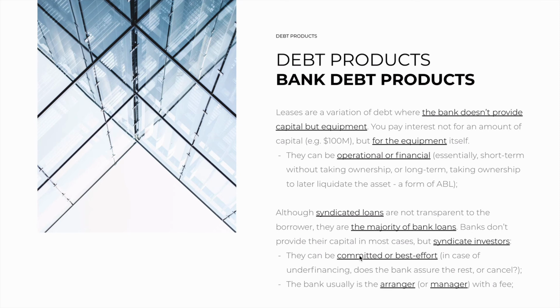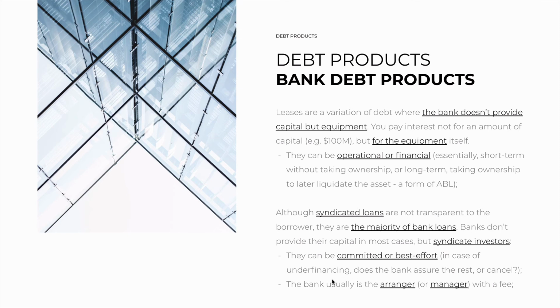If the loan is committed, that means that the bank commits to put up the rest of the money. So in this case, they would put up the other 20 million. In best effort loans, the bank has no responsibility. So they turn to you and they say, hey, we can do an 80 million loan or we can't do anything else. In other words, this defines whether the bank assures the rest of the money or not if it's lacking.